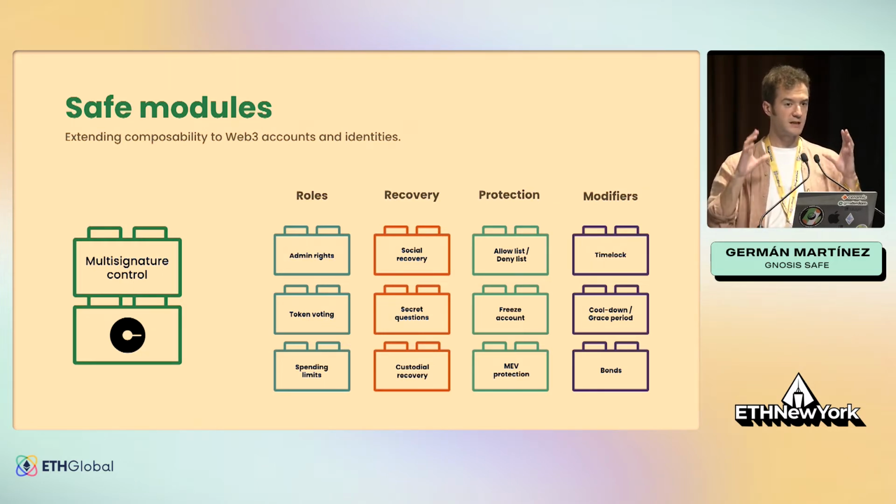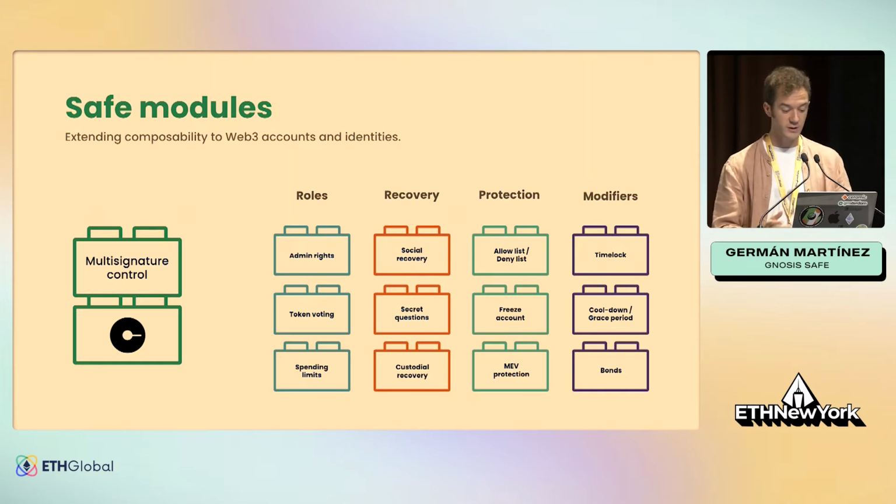You could imagine a safe module where some roles are defined, and a role could refer to the kinds of transactions that can be executed: which target contracts can be called, which specific functions could be called, which range of parameter values could be used.